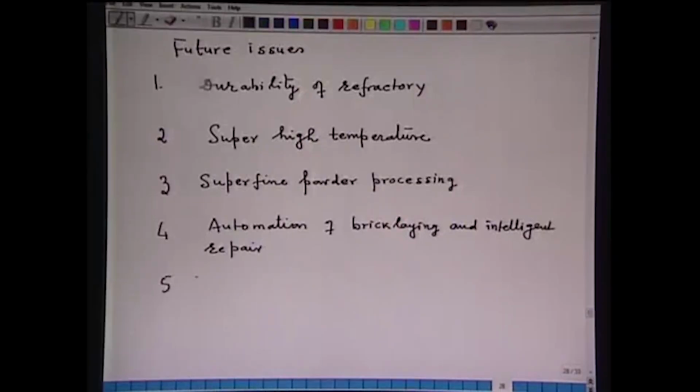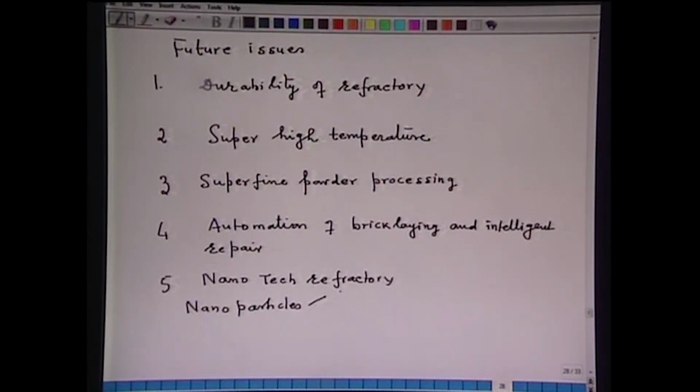Another important thing is the development of nanotech refractory. Thermal shock resistance and corrosion resistance require opposite characteristics. So, nanotech refractory satisfy both. Nanotech particles act in two ways.